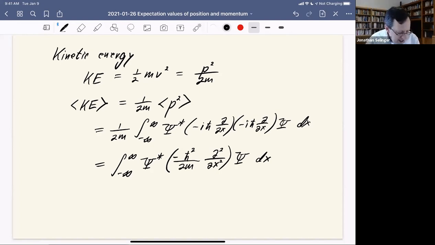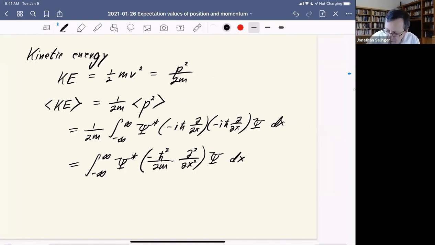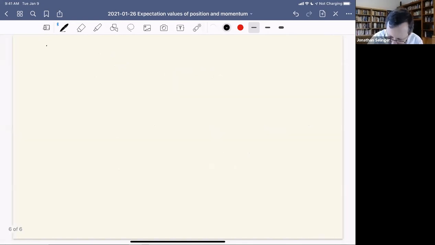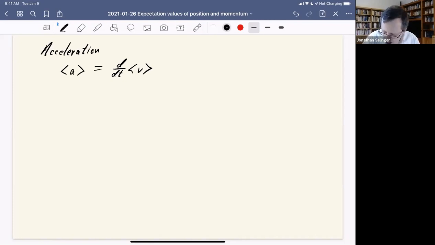What else could we try to calculate following these rules? How about the acceleration? For the average acceleration, that would be the time derivative of the velocity. So that is 1 over the mass times the time derivative of the momentum.